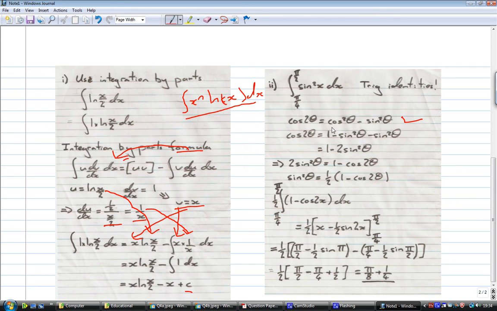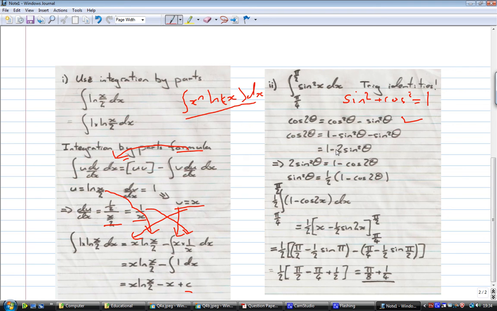I'm going to get rid of cos squared because we want sine squared. I'm just going to use the age-old sine squared plus cos squared equals 1. I've dropped the argument there, it doesn't really matter. So cos squared is 1 minus sine squared, and I put that in to get this here.